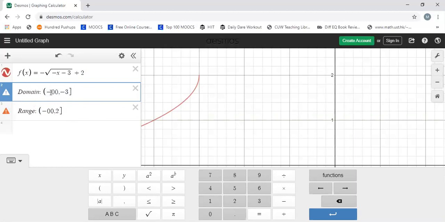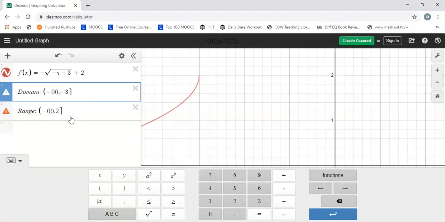Like if we were working in an inequality, then it changes a little bit, not with the negative infinity, but the other side of it might change. So again, if you're dealing with infinity or negative infinity, then you want the open parentheses. And if you're dealing with an actual number like negative 3, you're using a bracket, right?